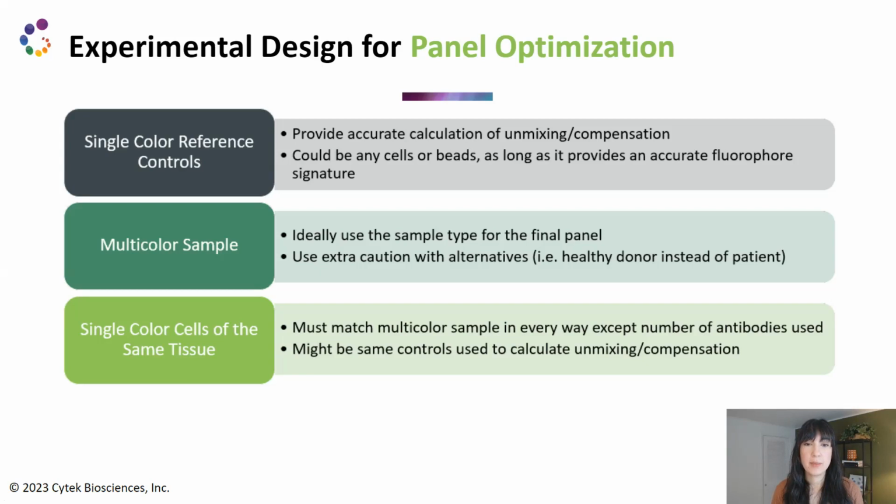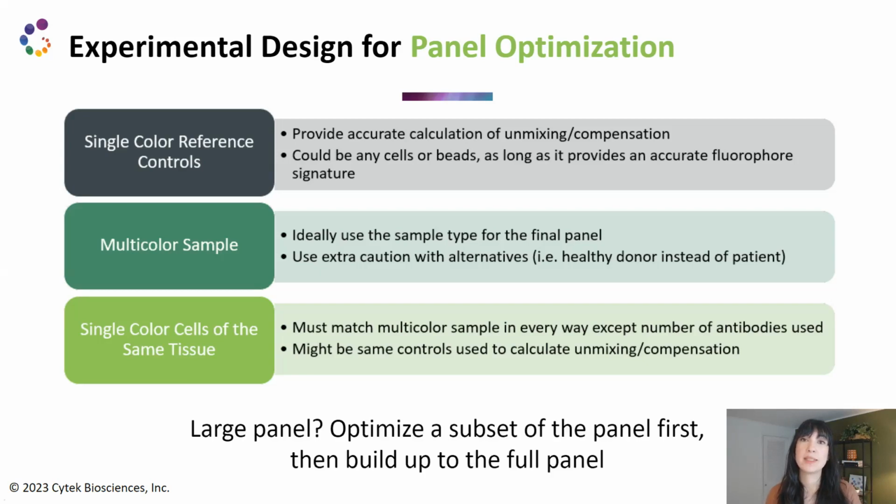And the last point about setup is for those of you who might be doing something a bit larger. I don't want to fully quantify larger. I feel like it depends on your comfort level. So whatever you are comfortable with in terms of panel size, and what you feel is a large panel, which you may feel uncomfortable running at this point, I would suggest, if you're in that scenario, so I guess I will throw out numbers, if you are currently comfortable with 10 colors and you want to do 20 colors, just as an example, I would recommend optimizing a subset.